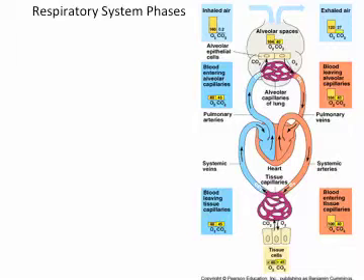But the point is, inhaled air comes into the alveolar space with a certain pressure, and then pressure gradients are established. So blood coming into the alveolar capillaries has a partial pressure of oxygen of about 40, and you've got about 104 millimeters of mercury of pressure for oxygen in the alveolar space. So 104 minus 40, you've got a nice pressure gradient. So oxygen is going to diffuse from the alveolar space into the alveolar capillaries. And carbon dioxide will do the opposite.